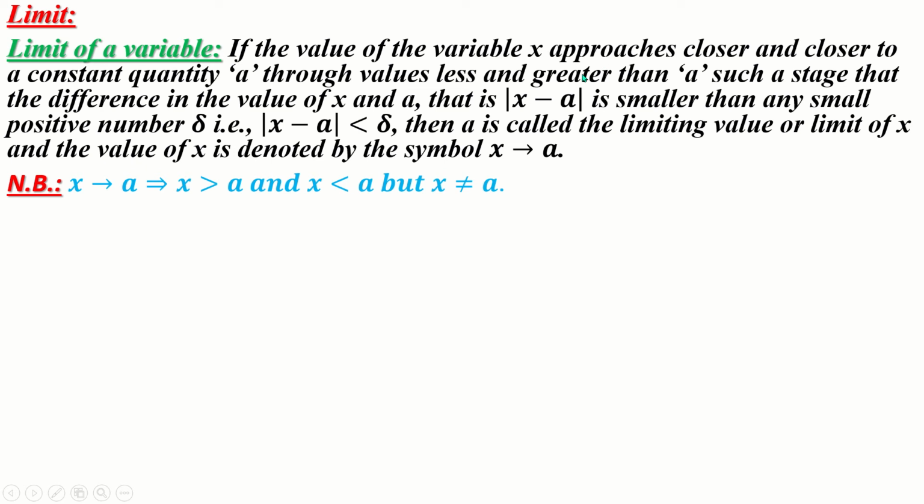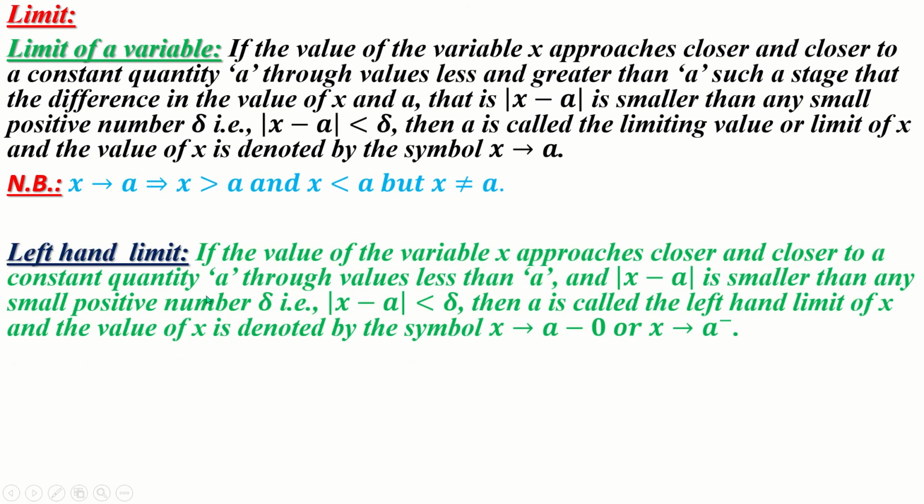So the limit here will be especially two kinds. One is less and another one is greater. That means left limit and right limit. So what will be the left limit and what will be the right limit? Now follow. Left hand limit: the definition is approximately the same, but here only less than a is used and other parts are the same. Here we only use x tends to a minus 0, or x tends to a to the power minus.